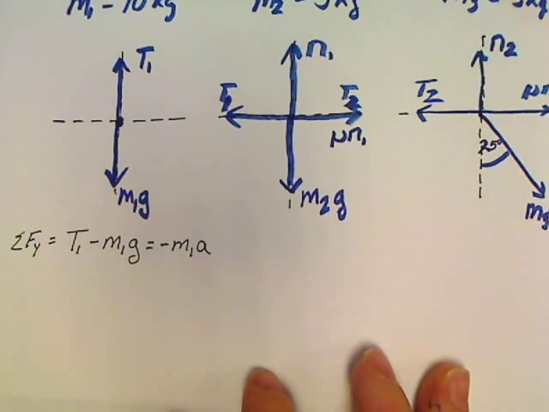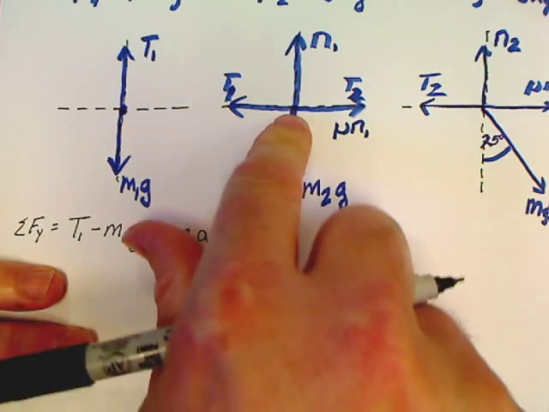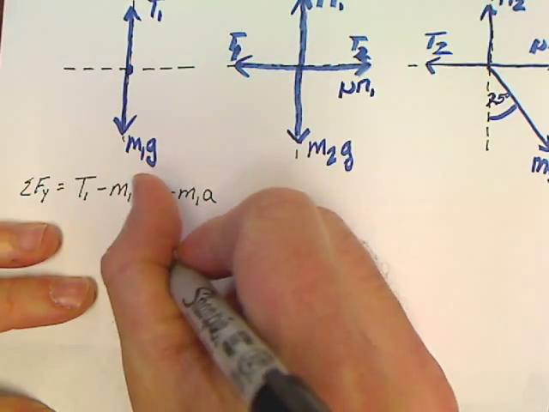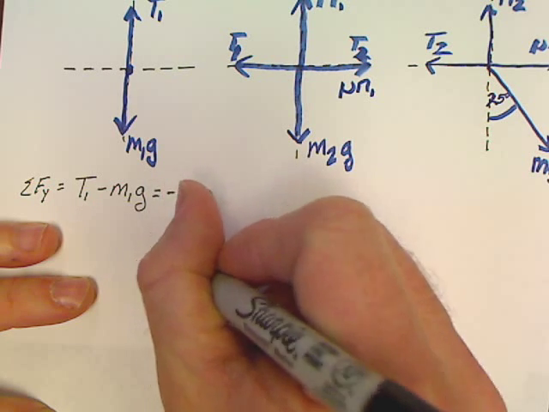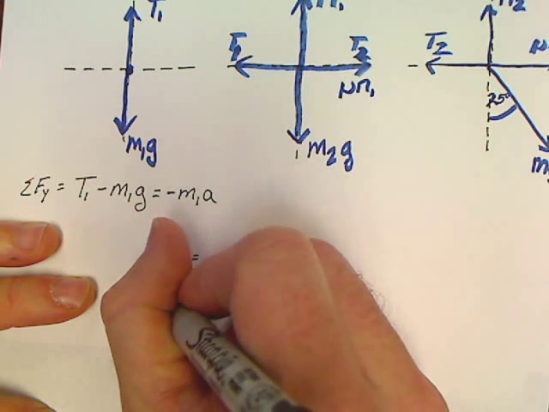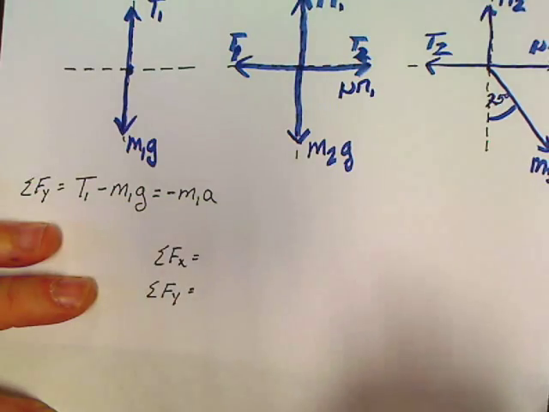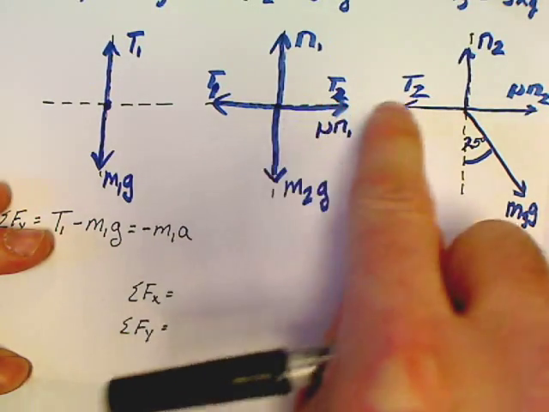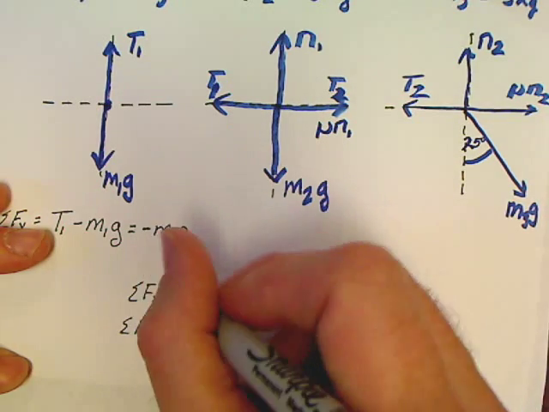Now, let's do our sum of the forces X and Y for this one. Sum of the forces X, sum of the forces Y. Take a look at this one. To the right, I've got a T2 and a mu N1.